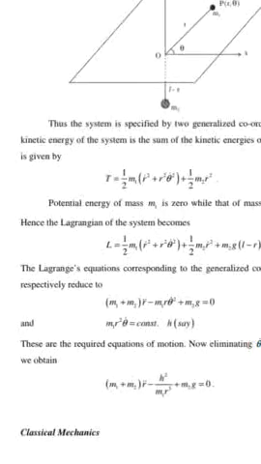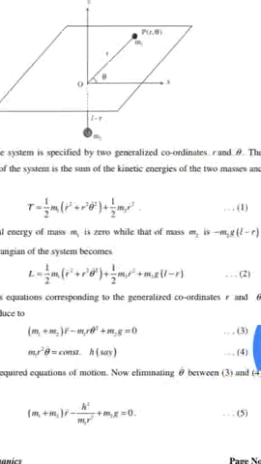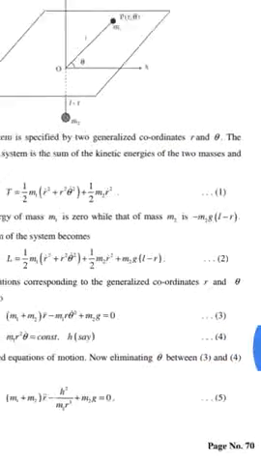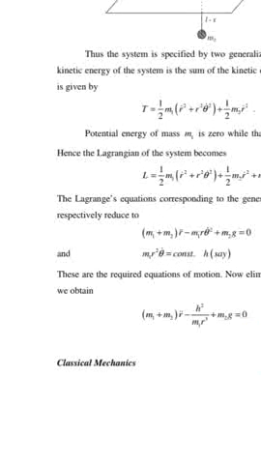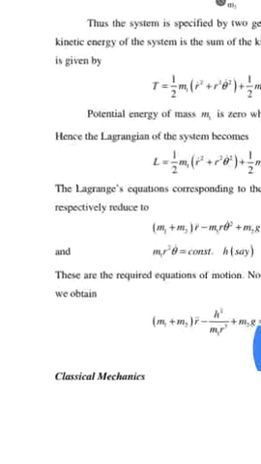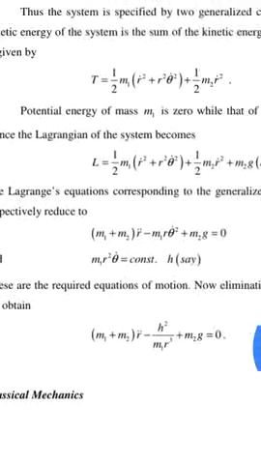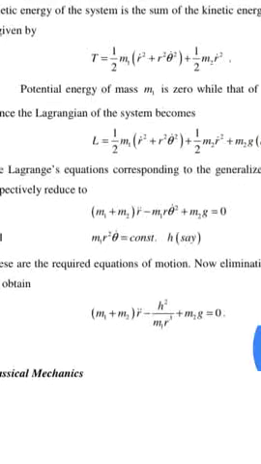The kinetic energy of the system is the sum of the kinetic energies of the two masses and is given by T is equal to 1 by 2 m1 (r dot square plus r square theta dot square) plus 1 by 2 m2 r dot square.